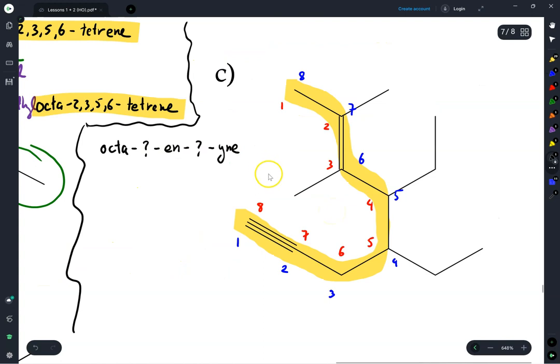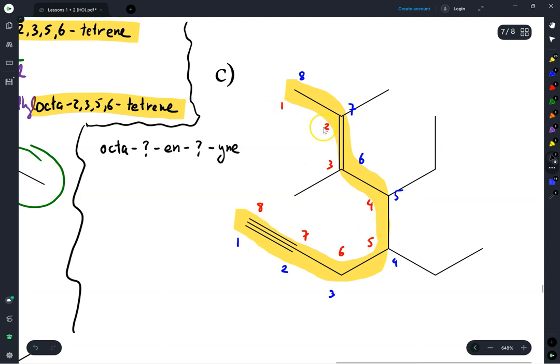In example C, you should have chosen 8 to be the longest continuous carbon chain you could find that includes your multiple bonds. So we'd write octa, ene, and yne to show that there's a double bond present and a triple bond present. But now we've got to pick and see which direction we should choose. Should we choose left to right in blue, or should we choose right to left in red? Again, the multiple bonds get priority over the branches, so we've got to make sure they get the lowest number.